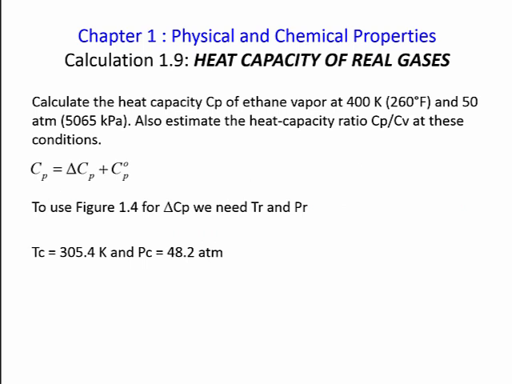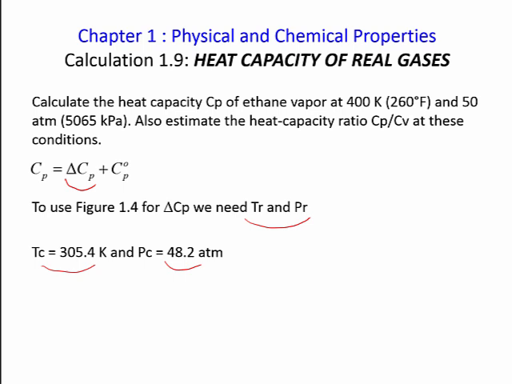We need to find a value for delta Cp from the chart in figure 1.4, but in order to use the chart we need reduced temperature and reduced pressure, Tr and Pr. We have the critical temperature of 305.4 Kelvin and critical pressure of 48.2 atmosphere for ethane vapor.